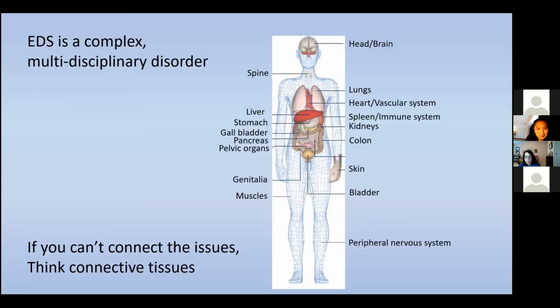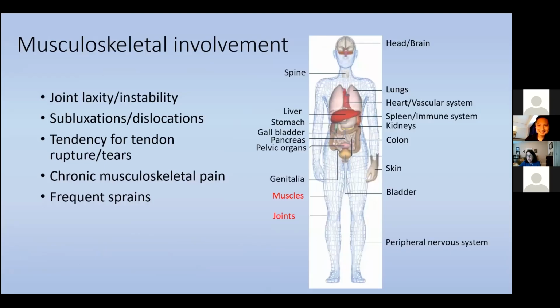So Heidi Collins coined this phrase: if you can't connect the issues, think connective tissues. We see musculoskeletal involvement with joint laxity, instability, subluxations, dislocations, a tendency for tendon ruptures and tears, chronic musculoskeletal pain, and frequent sprains.